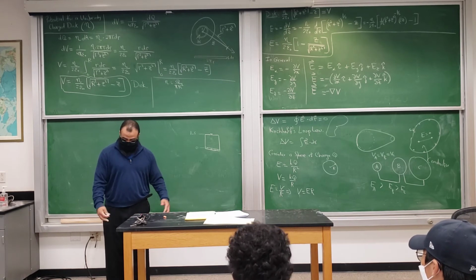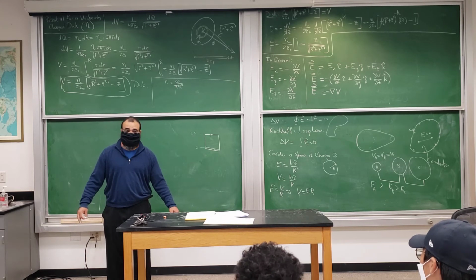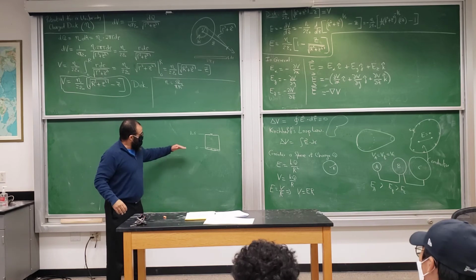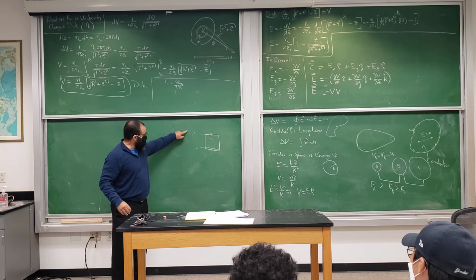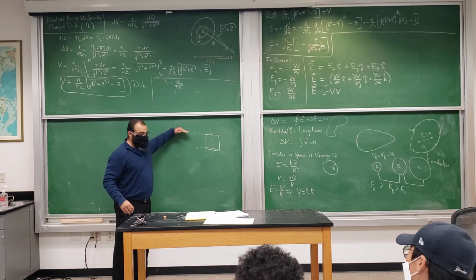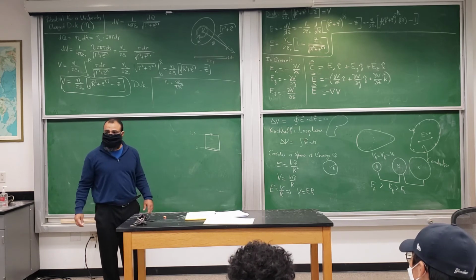At 0, because I define my surface here as 0. Relative to them, they will think I'm at negative. But the difference is constant for everybody. 1.5 minus 0 is 1.5. If this is 1, this will be 2.5, because the difference between them has to be 1.5. That's what a battery does.